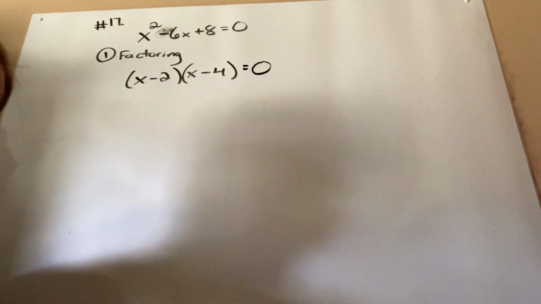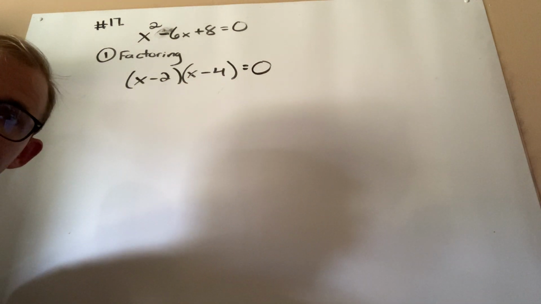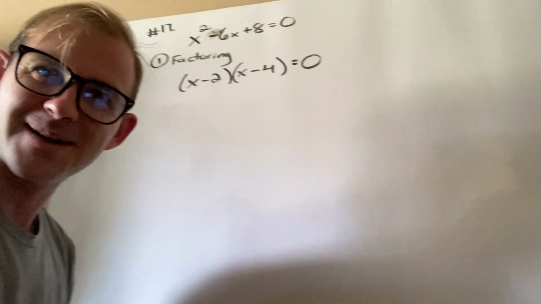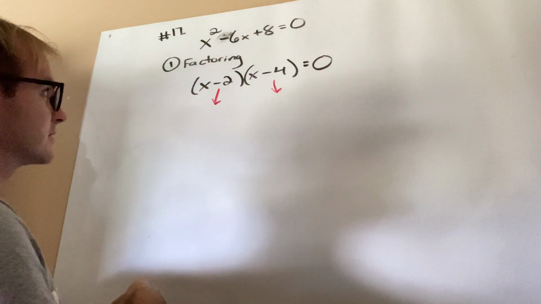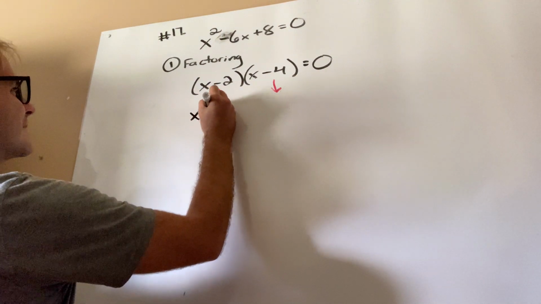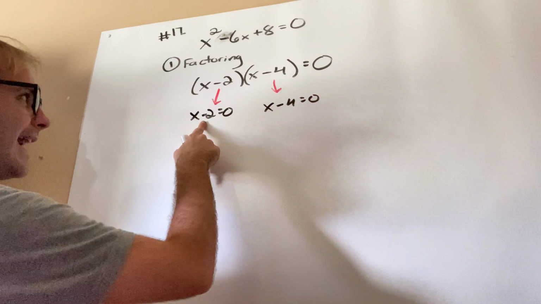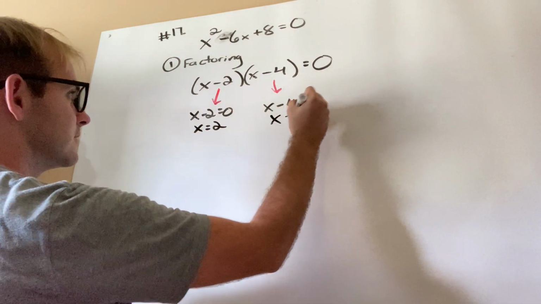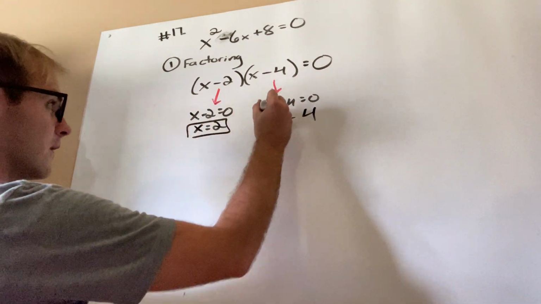So when I factor it, guys, I end up with 2 pairs of parentheses. Then, using the zero product property from Algebra 1, what we do is we set each parenthesis equal to 0. So I'm going to say x minus 2 equals 0, x minus 4 equals 0, add 2 to both sides, add 4 to both sides, and I get that my 2 solutions, guys, are 2 and 4.